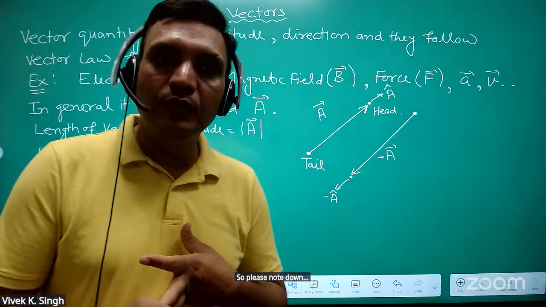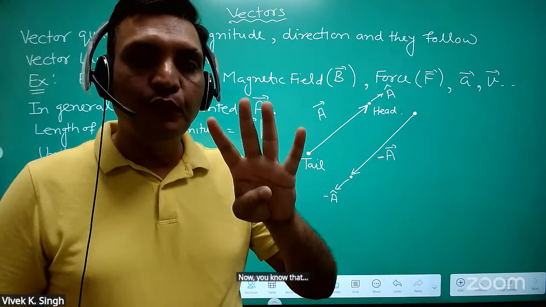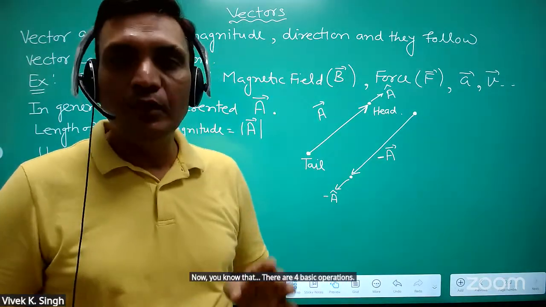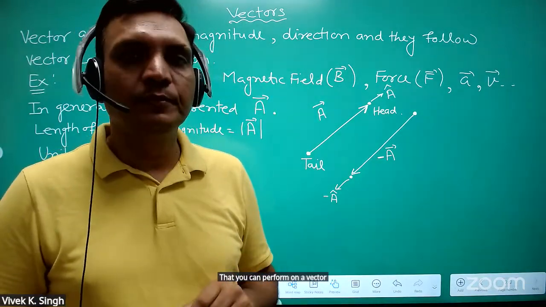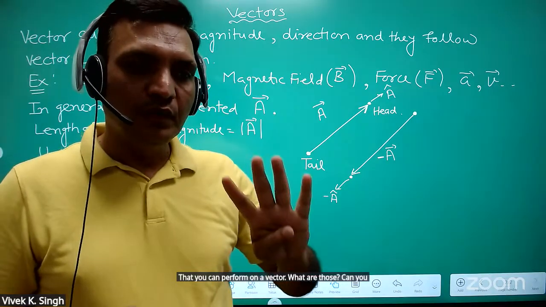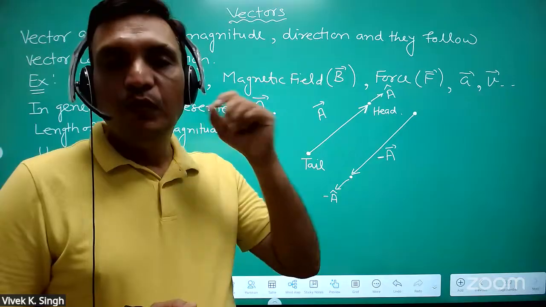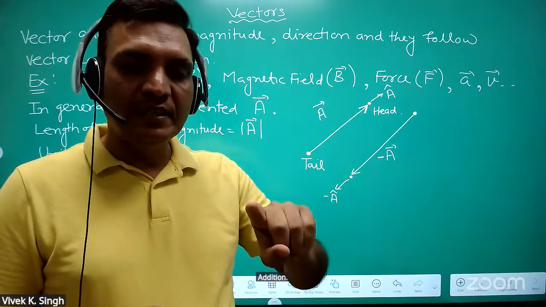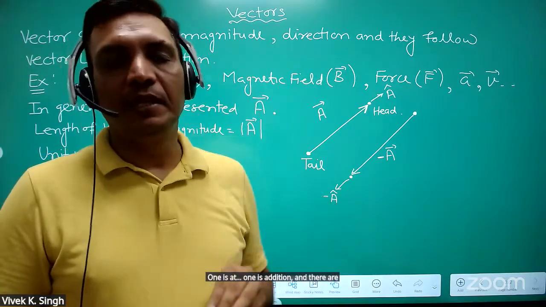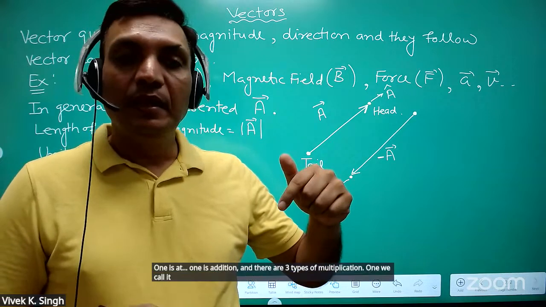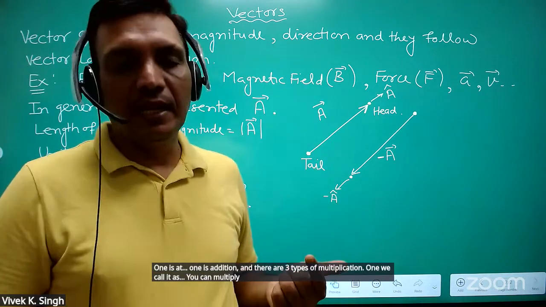Now you know that there are 4 basic operations that you can perform on a vector. What are those? Can you tell? What are the 4 basic operations? One is addition, one is subtraction, and there are 3 types of multiplication. One is that you can multiply a vector by a scalar.